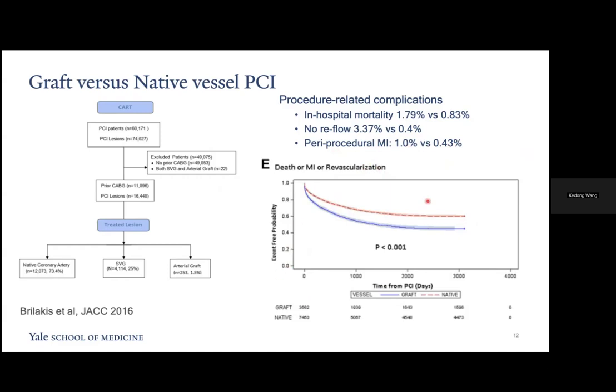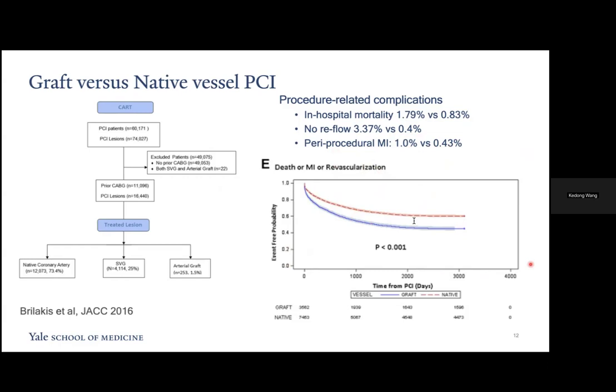This graph shows the long-term result of vein versus native vessel PCI. Long-term wise, compared with native vessel PCI, vein graft PCI was significantly associated with a higher incidence of major adverse events, including death, MI, or repeat revascularization.